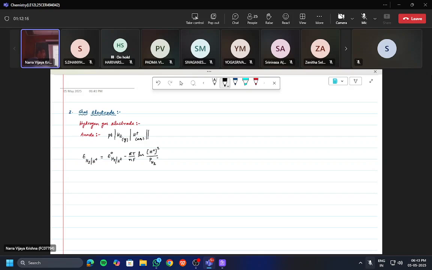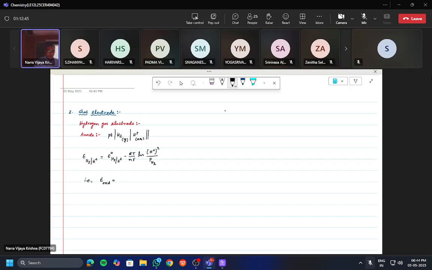If we substitute temperature, Faraday and 2.303, the same equation can be written as E oxidation, where E naught of H2 to H plus is 0.